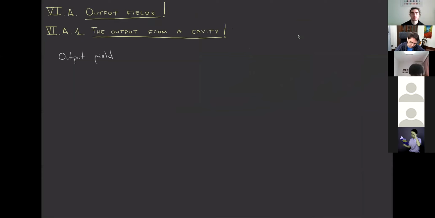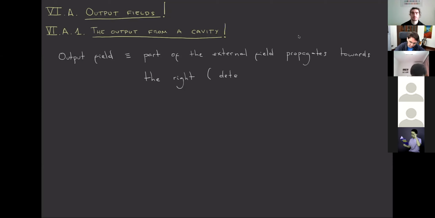The output field we define as the part of the external field that propagates towards, in the case of the cavity, the right, which of course is where we have the detector.